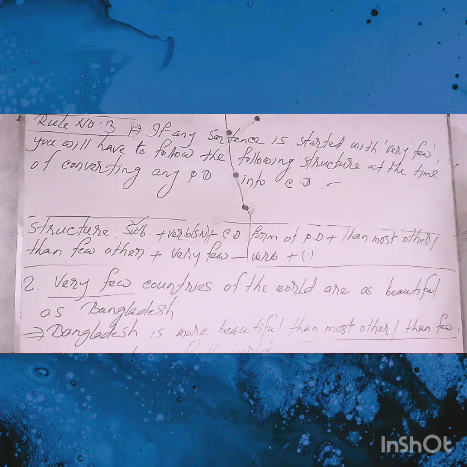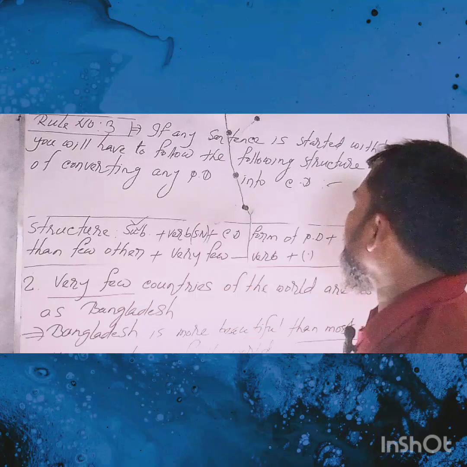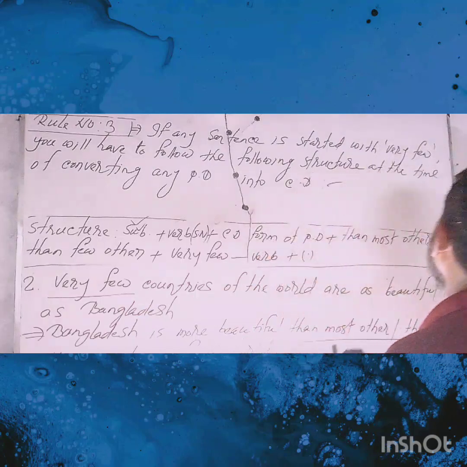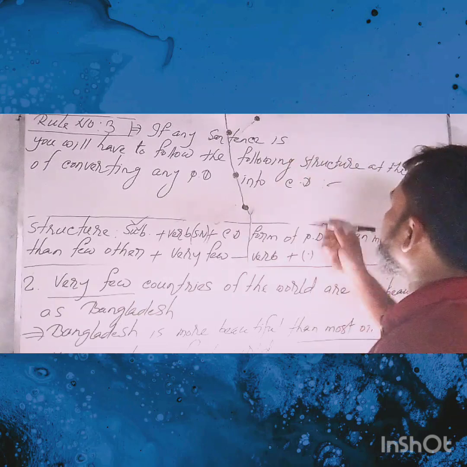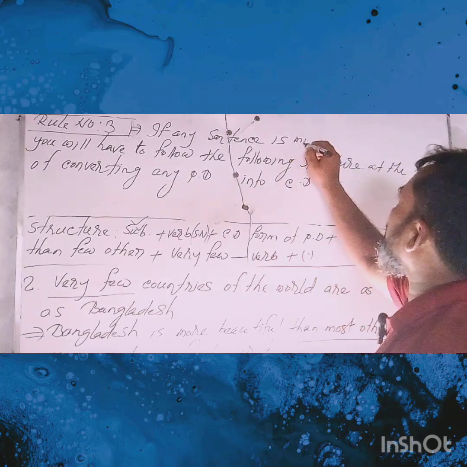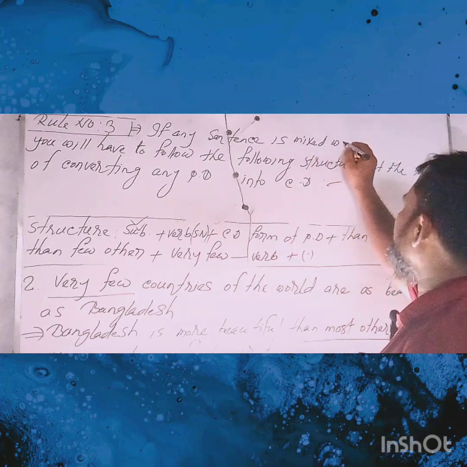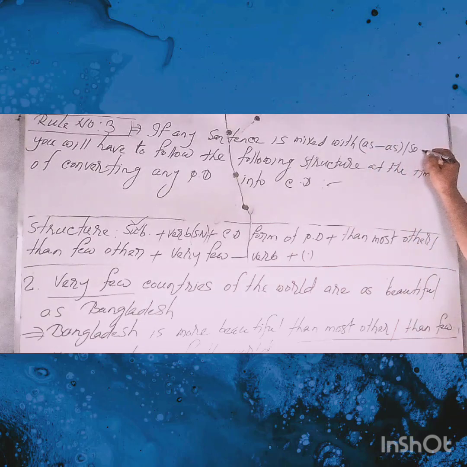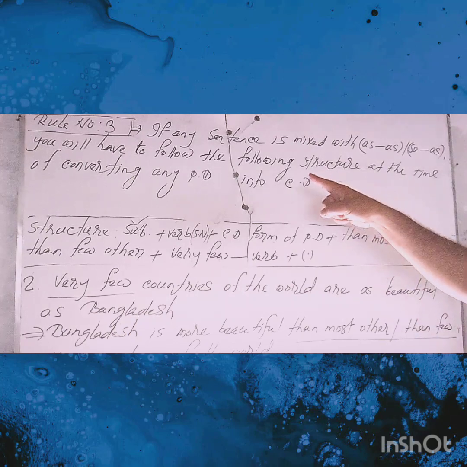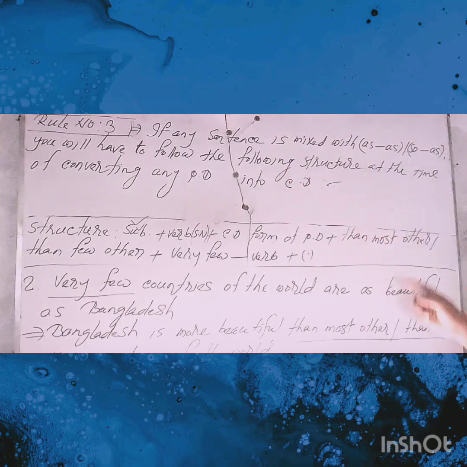We can write down in rule number three that, my dear learners, if any sentence is mixed with "as... as" or "so... as", then in this case you will have to follow the following structure at the time of converting any positive degree into comparative degree.